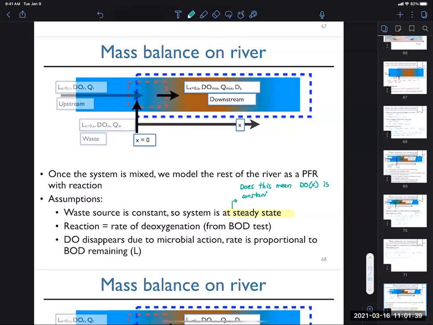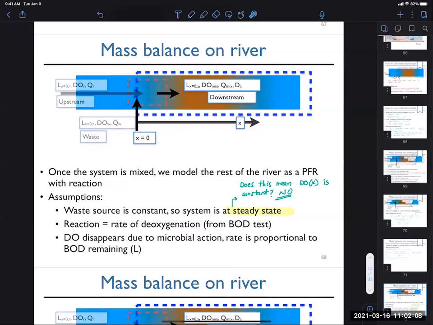If you're thinking about this, the answer is no. Clearly, DO is changing as we go down the stream. It's decreasing and then increasing again. But again, the steady state assumption for a PFR does not result in no change in concentration because the control volume is our individual parcel of water.